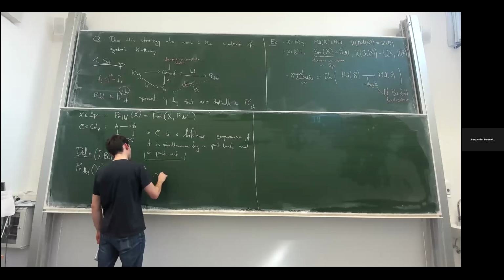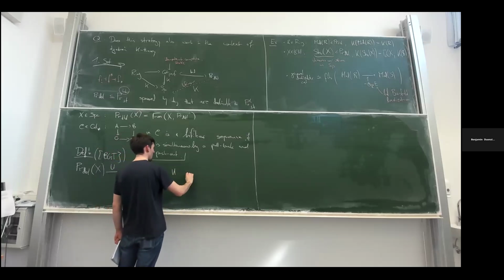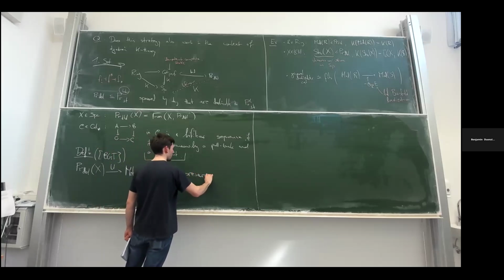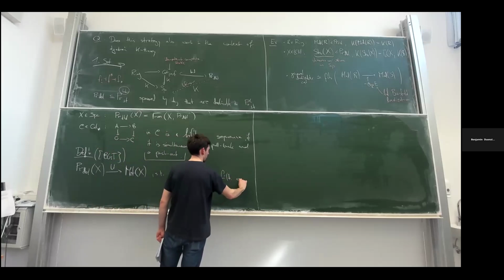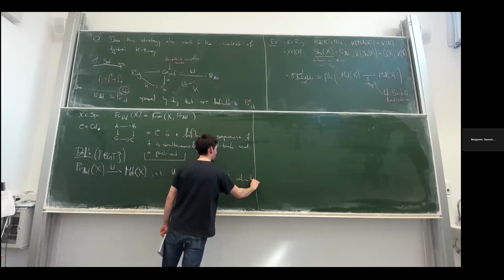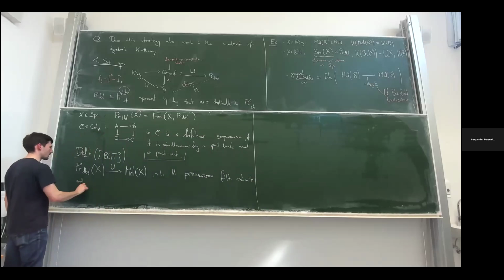such that, first of all, we want that U preserves filtered colimits and precisely bifiber sequences.